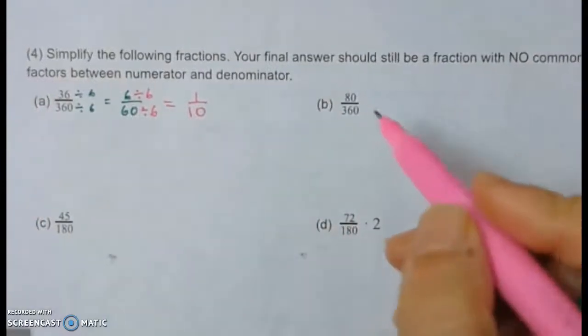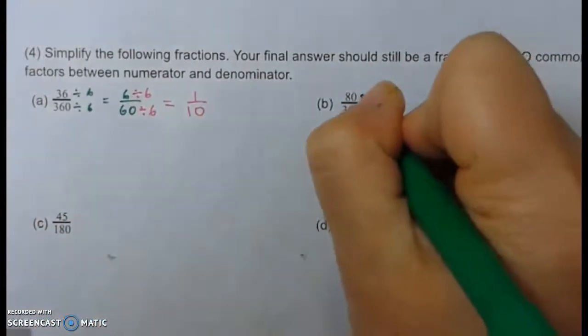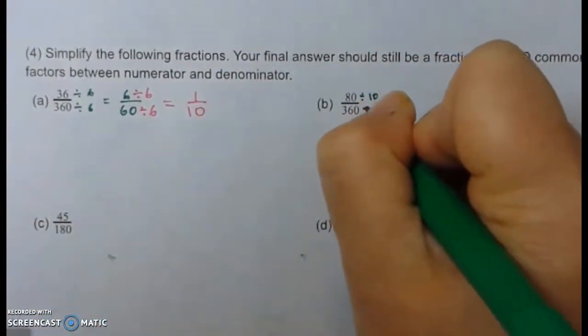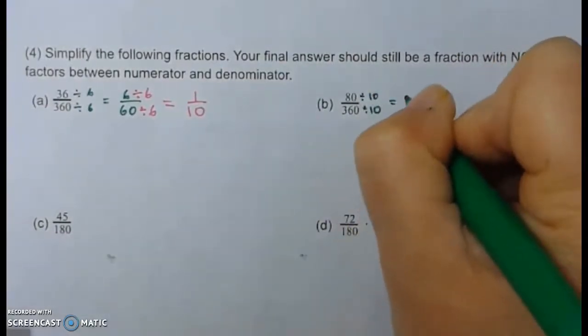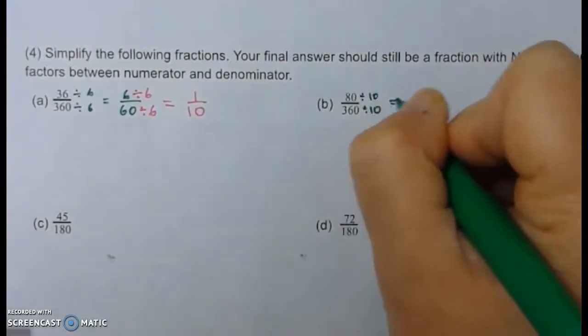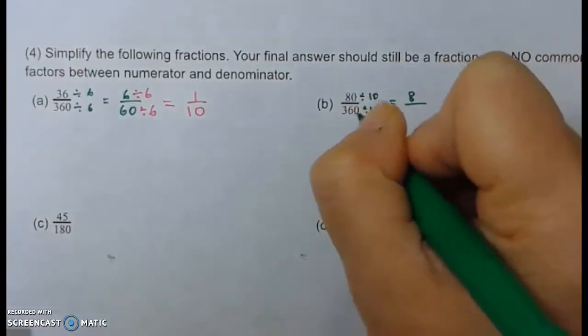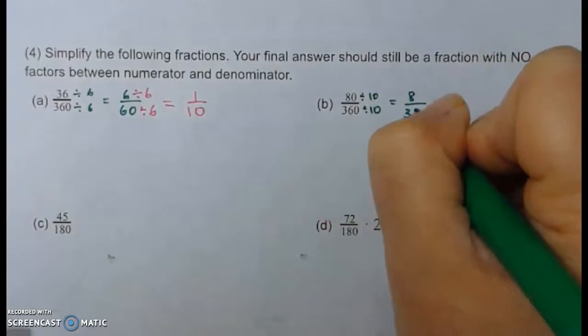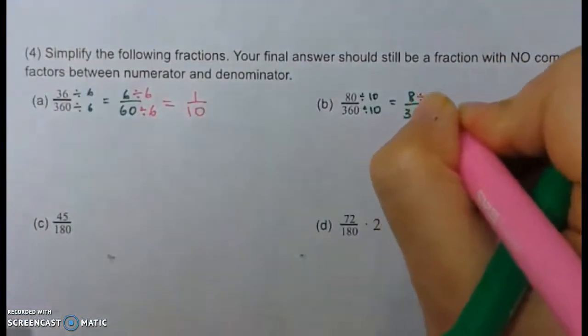Okay, when I see 0 and 0, both top and bottom, I know that I can divide both top and bottom by 10. That just gets the numbers smaller, and then you're going to be able to see the common factors more clearly. So 80 divided by 10 is 8. 360 divided by 10 is 36. They're both even numbers. That means I can at least divide both by 2.